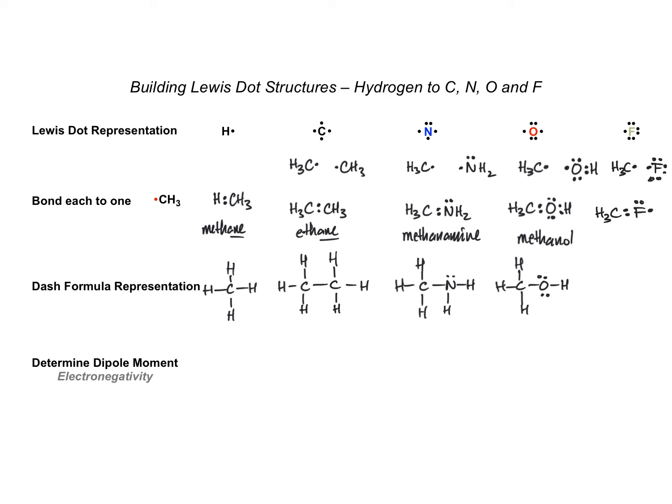And now there are 3 lone pairs on the halogen, and we can convert that to fluoromethane. So if you look at this starting compound here, we made methane. What we did was substitute out a hydrogen for a halogen, and so we can call this fluoromethane.